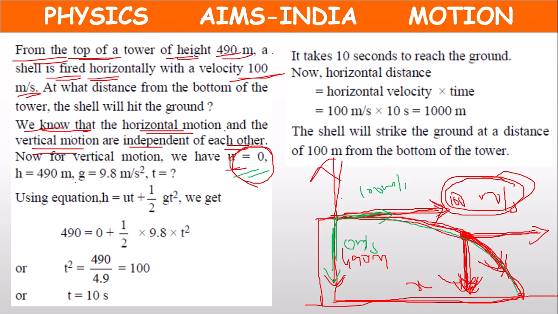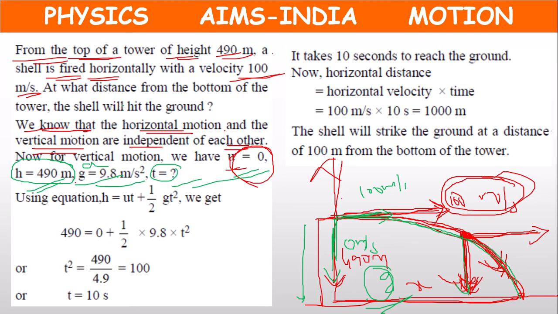It is coming down to the earth, means it will travel 490 meters down from the top of the tower. So the distance traveled by the body in the vertical direction is 490 meters. The body is under the influence of g, acceleration due to gravity, 9.8 meters per second squared, which is equal to a, and time we have to find out.